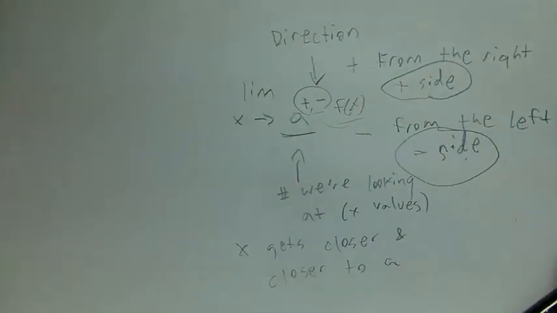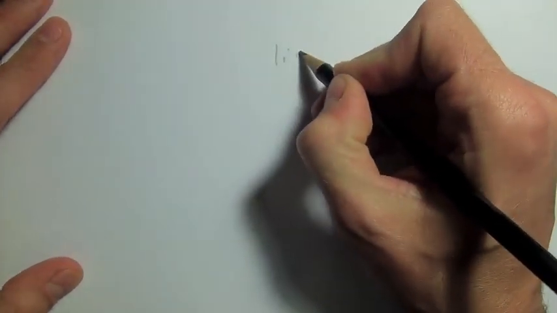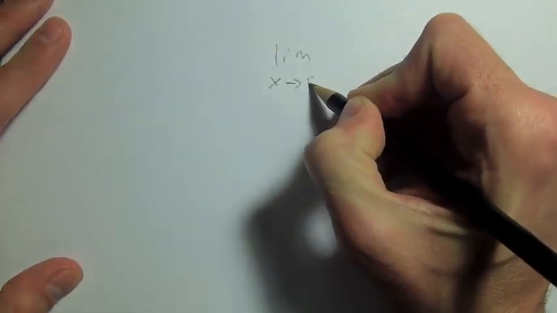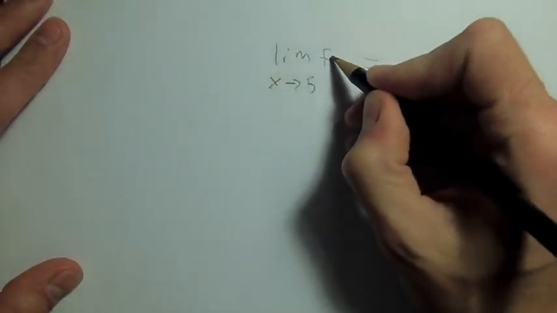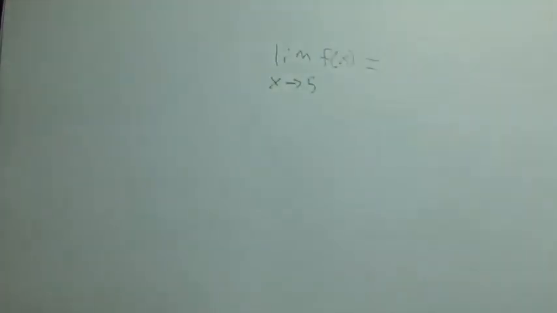So this is a great time to tell you all that when you are calculating limits, or when you're writing about limits, you can't ever just put, say, the limit as x goes to 5 equals whatever. You have to have a function you're looking at, right?